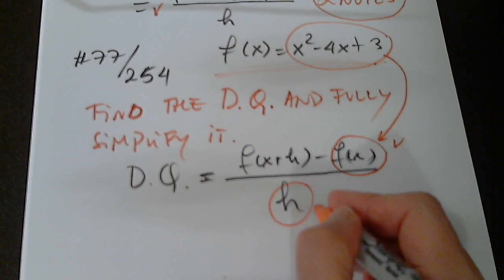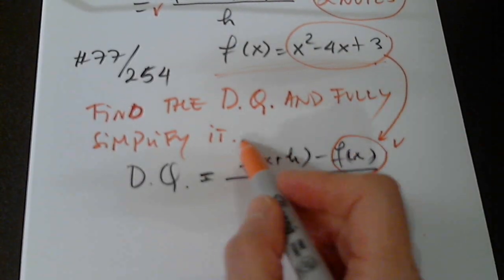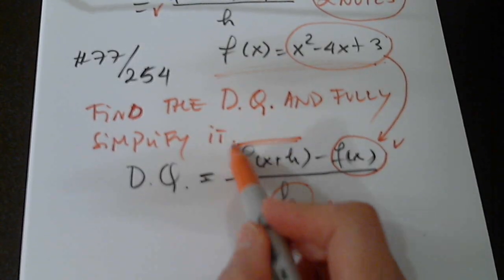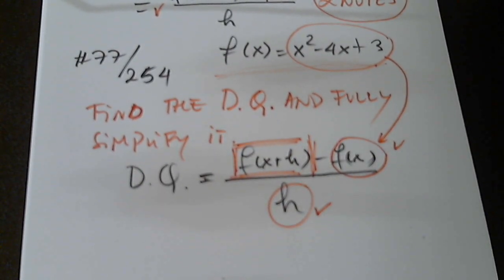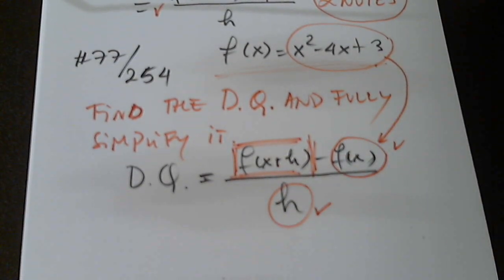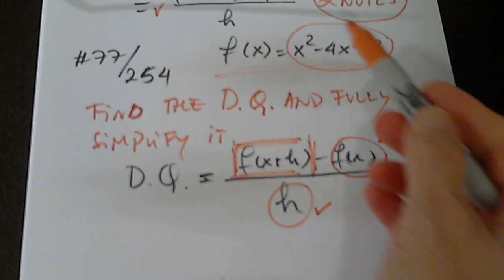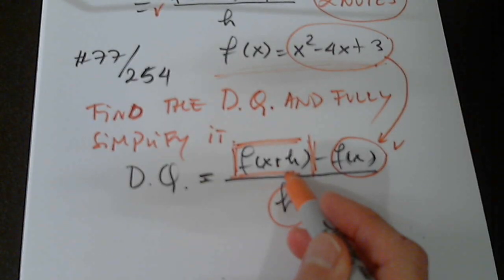This nobody can touch. It's h, the little bit. Well, this is the thing that I don't have. Once I have this, I will put them together and I'll continue with note number 1 and then note number 2. We don't know those yet. So I want to calculate this first.